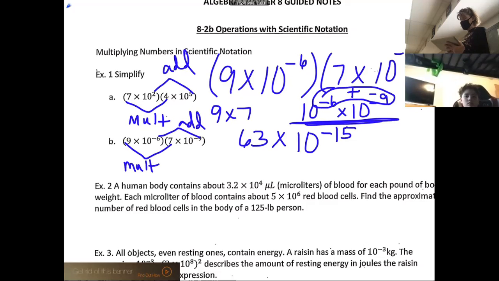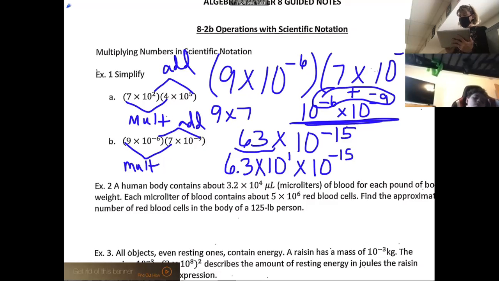What's wrong with it, Tyrese? It's got to be 6.3. So let's take this guy and change it into scientific notation. 6.3 times 10 to the first, right? Because we moved it one spot over.